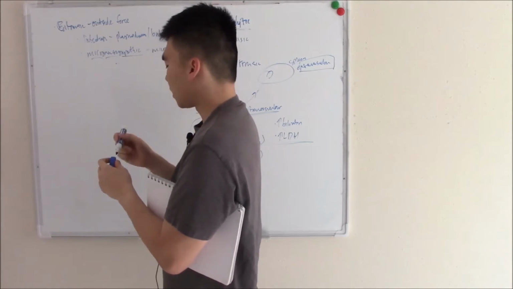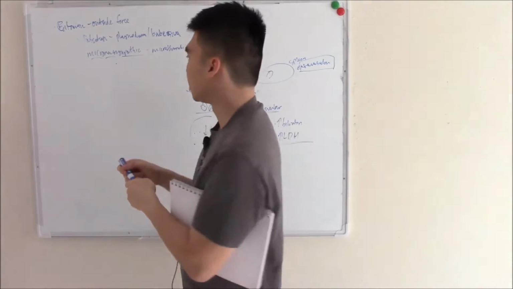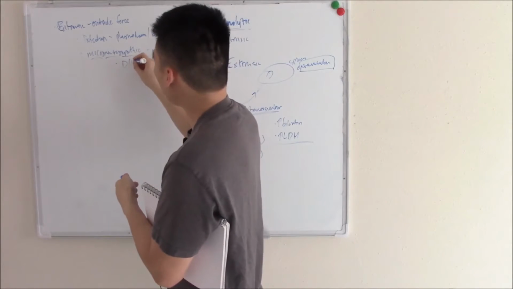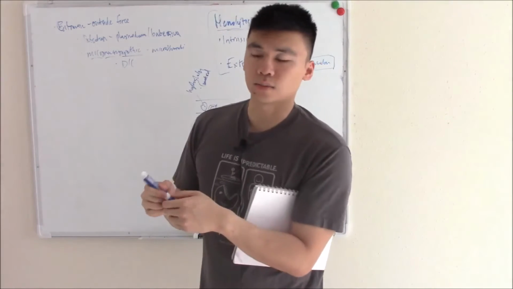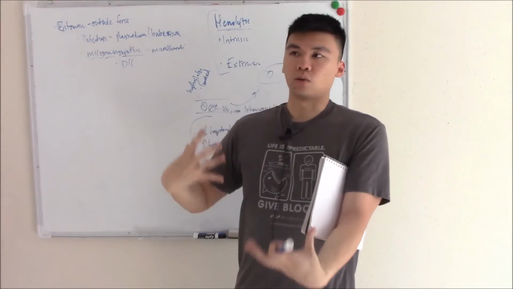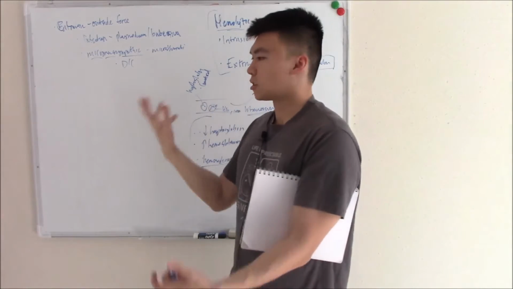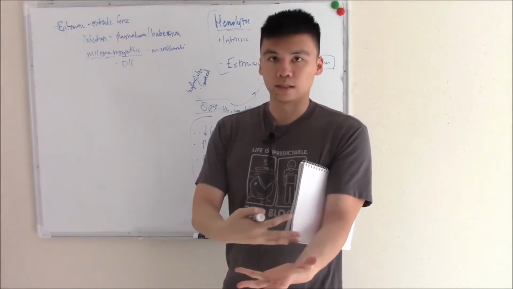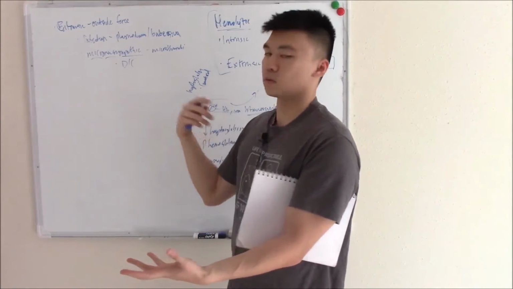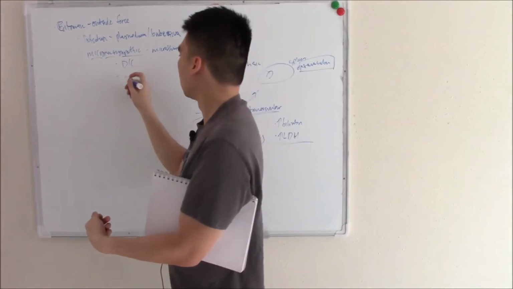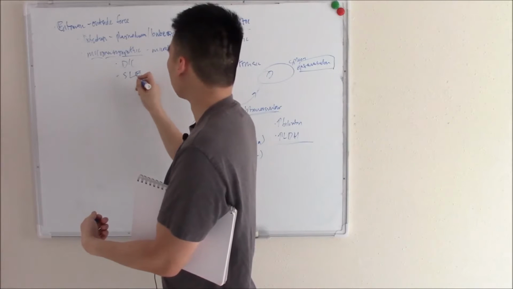So anything that causes widespread inflammation can cause this. DIC. DIC often follows things like sepsis or septic shock, and basically you get widespread inflammation, that's septic shock. And so your vessels will create these microthrombi and red blood cells will run into it. How about SLE, widespread inflammation?